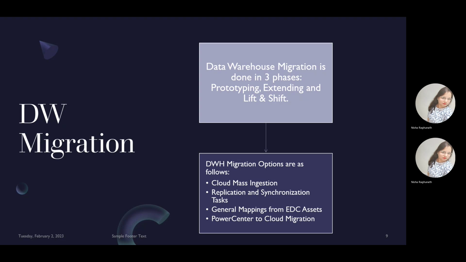Once that confidence is gained, then we'll move on to the extending. Extending is where we select many more processes. Here we either add logic to support the cloud, or we add logic which improves the business.